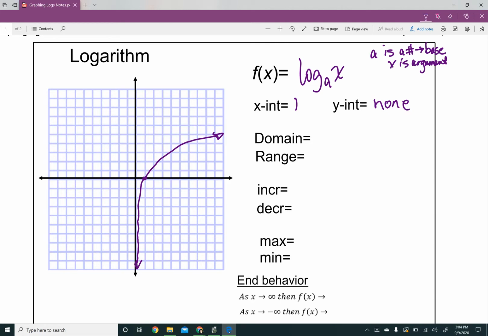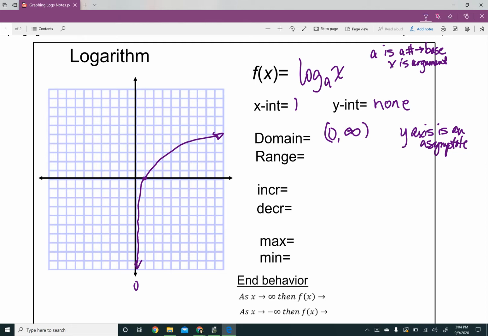Its domain starts at 0 and goes on to infinity. So it goes from 0 to infinity. And it doesn't include 0 because the y-axis is an asymptote.